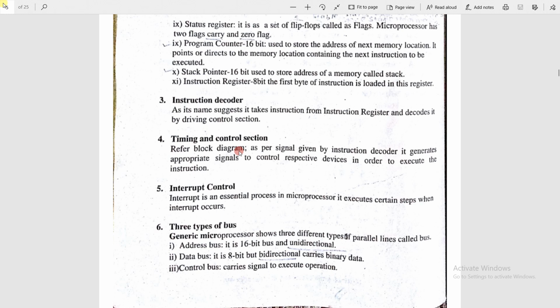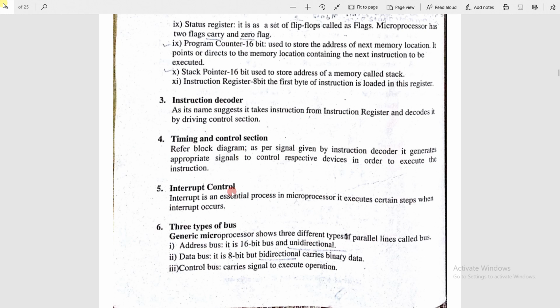The instruction decoder will take the instruction from the instruction register, it will decode it, and it will send the signal to what? Timing and control section. Once the signal is received by the timing and control section, it generates the appropriate signals which will be sent to the output device because the instruction was to display the output.